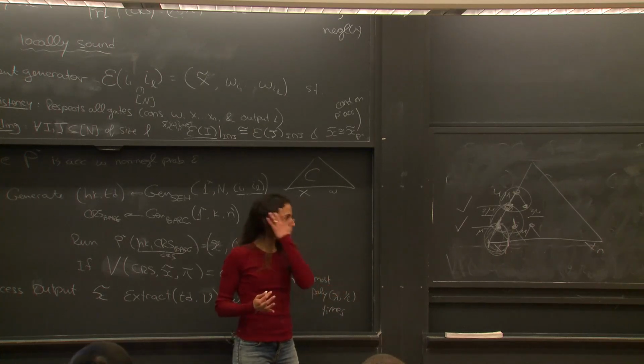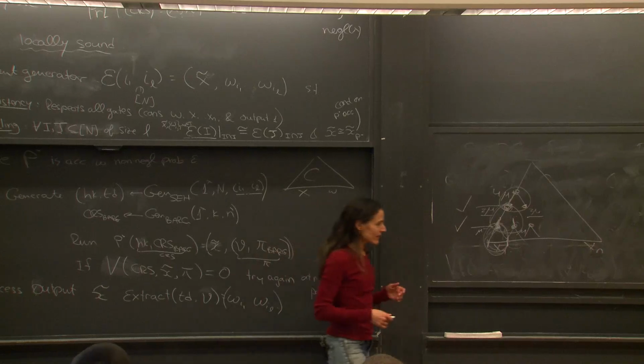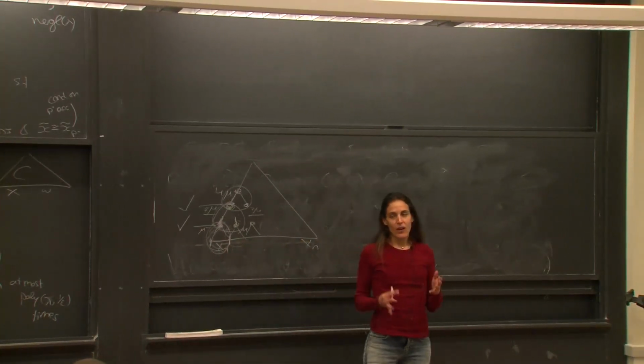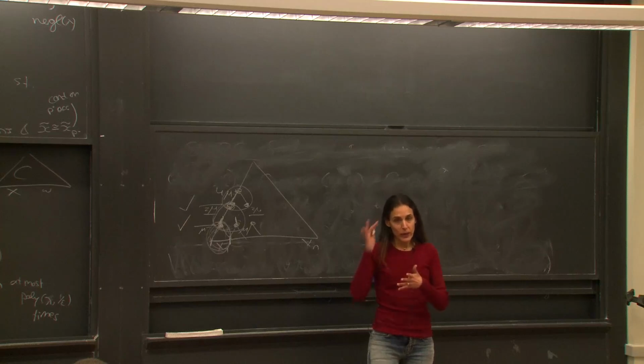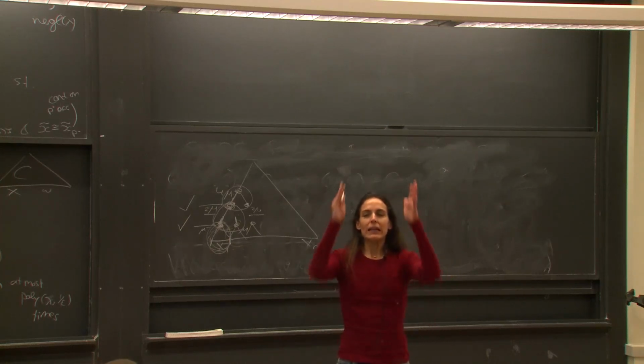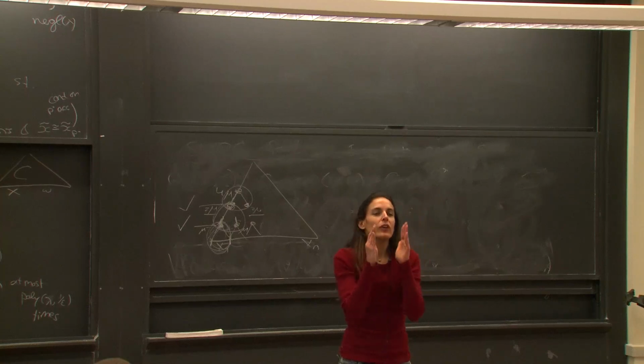So what do we do? To fix this, there are 2 ways. Option number 1, which is what we did originally because we didn't have a better idea, is we said, you know what? Let's assume that this circuit is very narrow.